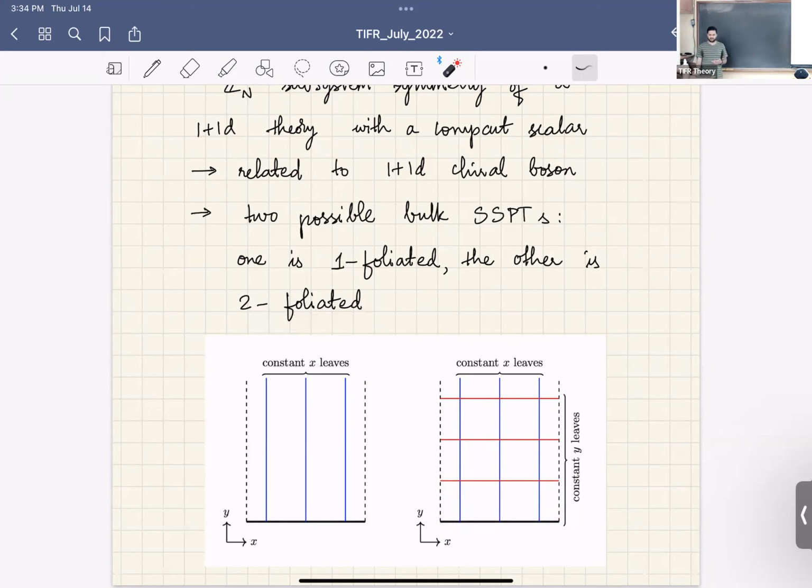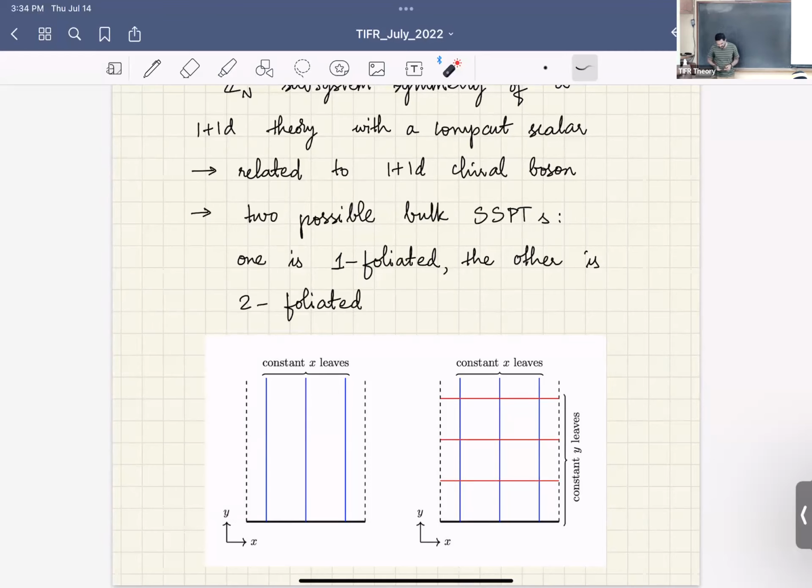They don't immediately act on the boundary, but you could have such a bulk SSPT which cancels the anomaly on the boundary. So this shows that you need not have a unique SSPT that cancels the anomaly on the boundary. If you want to uniquely specify it, you have to give some more information, like what kind of structure you want to preserve. In ordinary theories, I think it's implicitly assumed that you want to maintain relativistic invariance and such. Usually there seems to be a unique SPT.